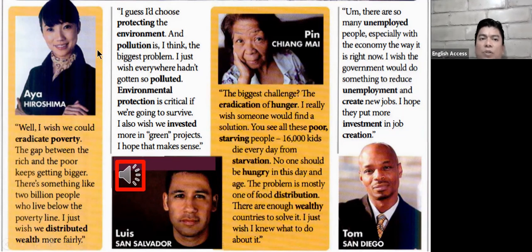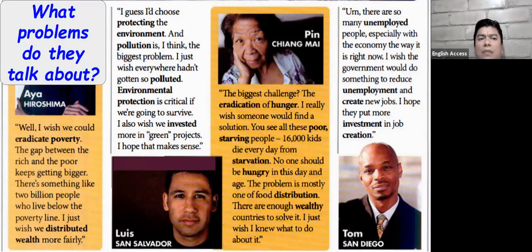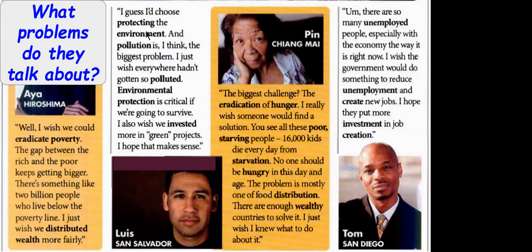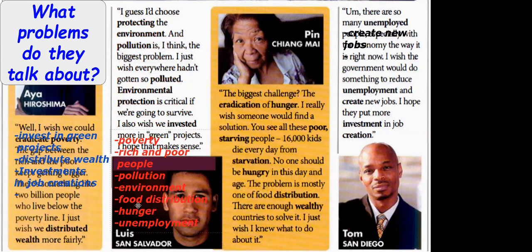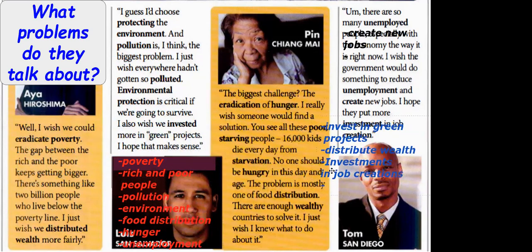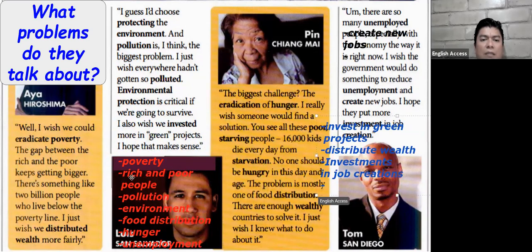Okay. So now that we heard and read, now we're going to ask the question. What problems do they talk about? So poverty, rich and poor people, pollution, environment, food distribution, hunger, and unemployment. Very good. That's good.